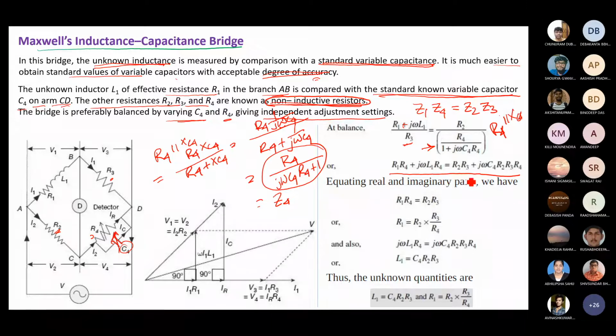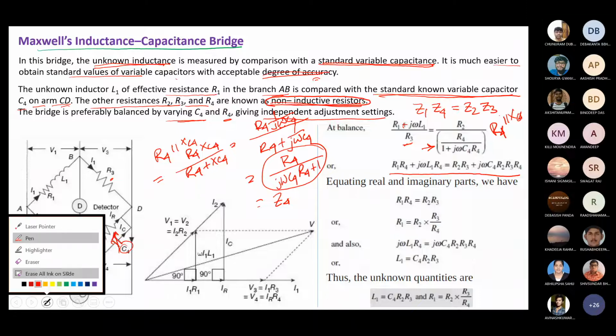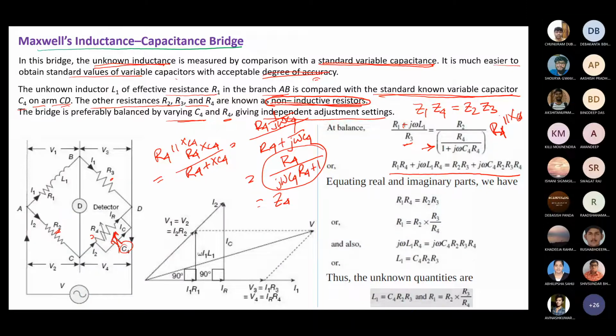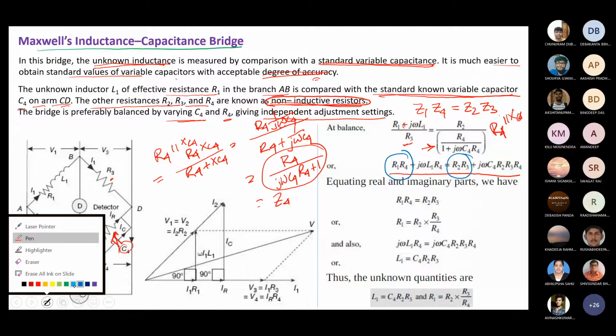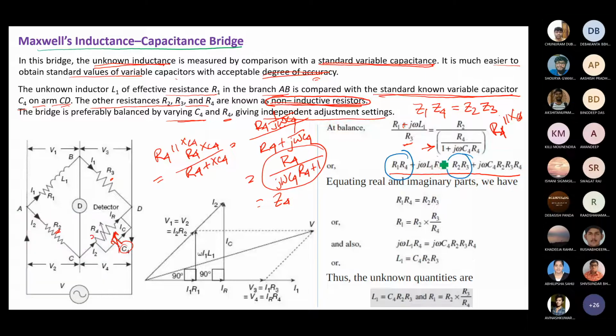Now you are comparing the real part. What is your real part? These two are the real part, and the other two are the imaginary part. Now you are equating, comparing the real and imaginary parts.